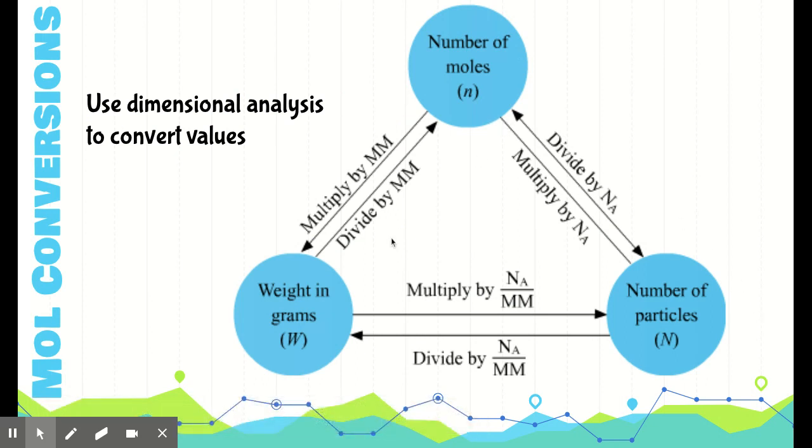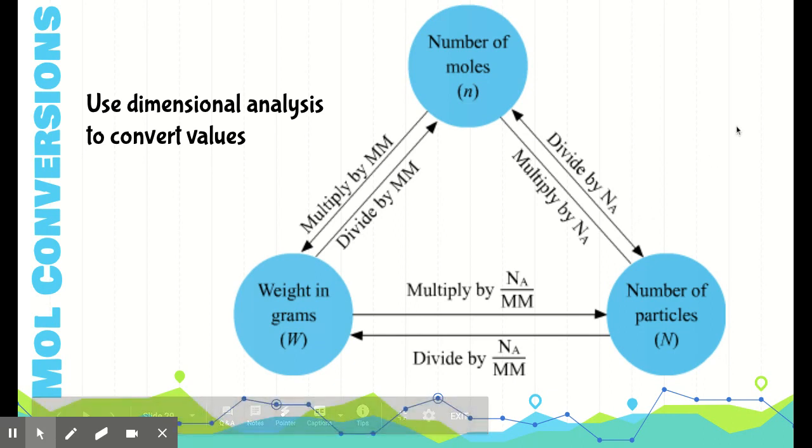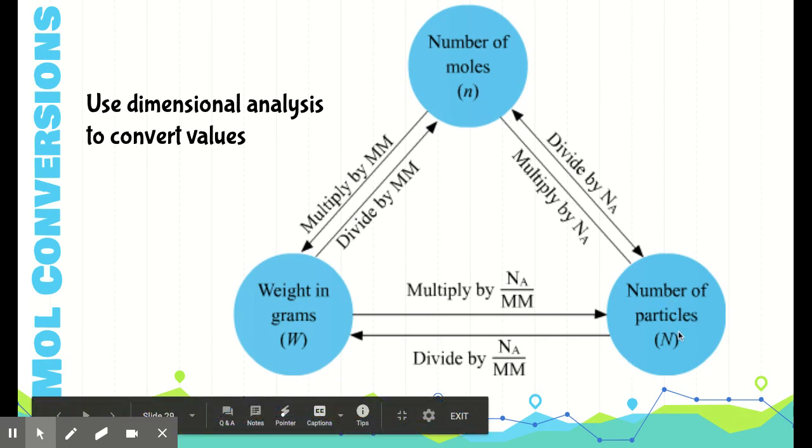So here's a nice little triangle. I know some of you enjoy having triangles to figure out how to get your equations. Depending on what you're trying to convert to, this is how you know what you can convert by. If you have the number of moles, which in a formula would be represented by a lowercase n, the number of particles, which is your atoms, represented by an uppercase N, and then the weight in grams, which this has as a W but is usually just g for grams.